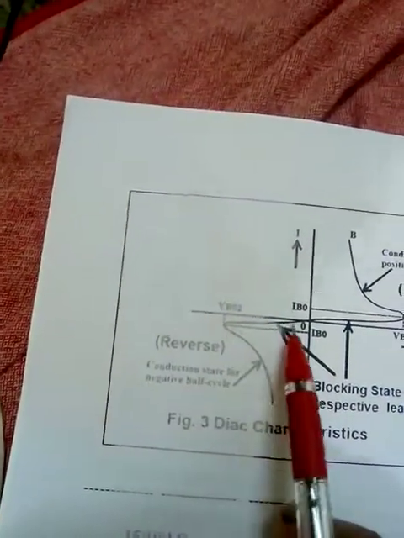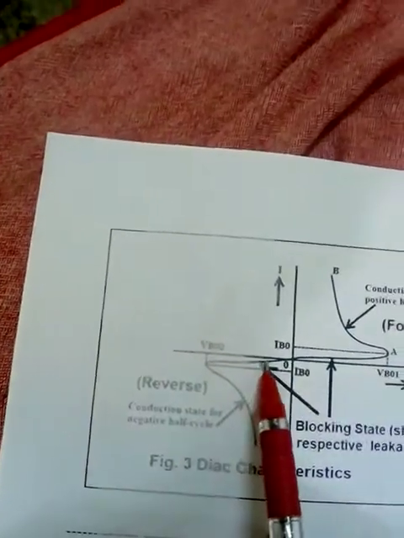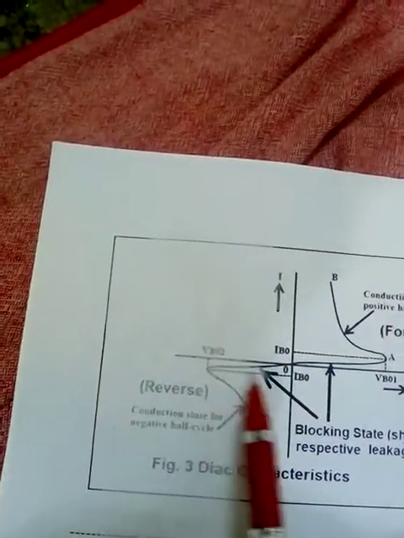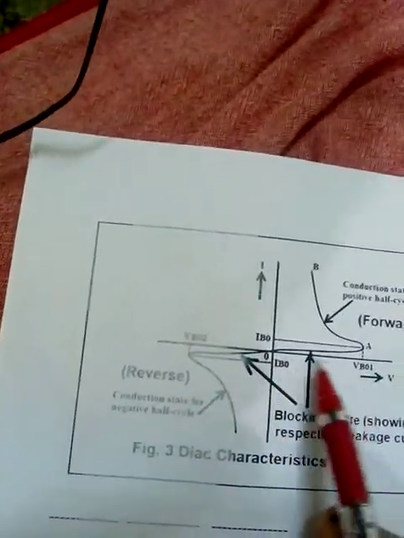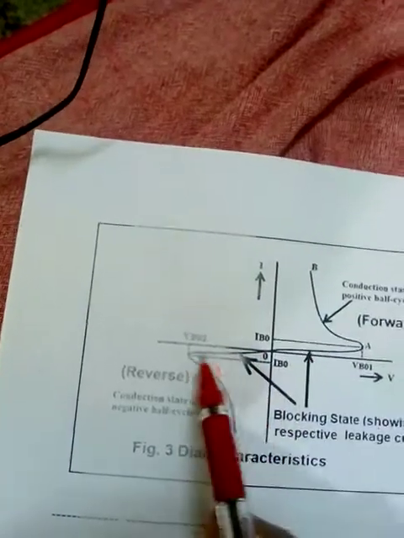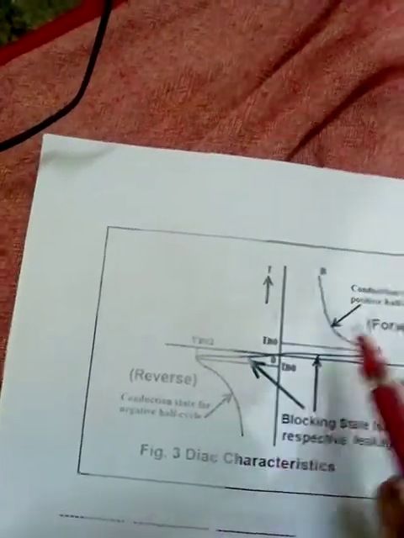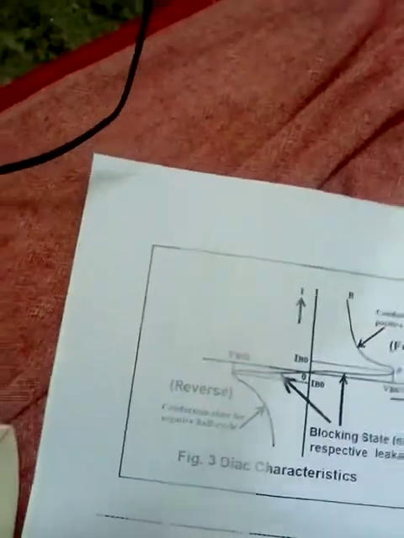The photocopy is a little bit dull here. You can see the forward leakage current and the reverse leakage current. So: blocking state, conducting state in the forward direction, and blocking state, conducting state in the reverse direction.